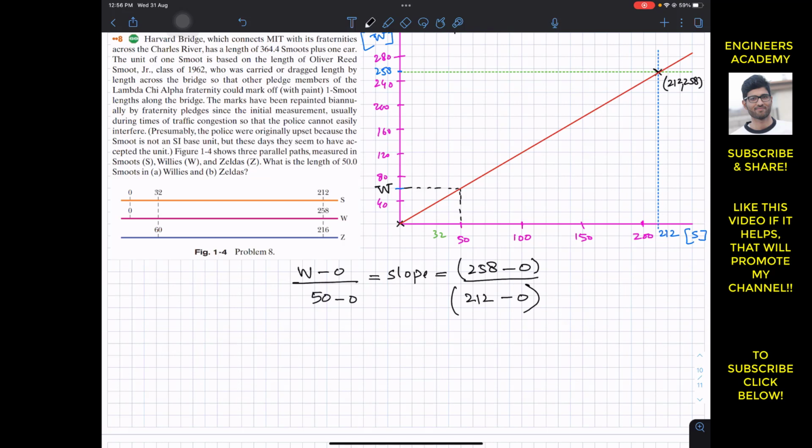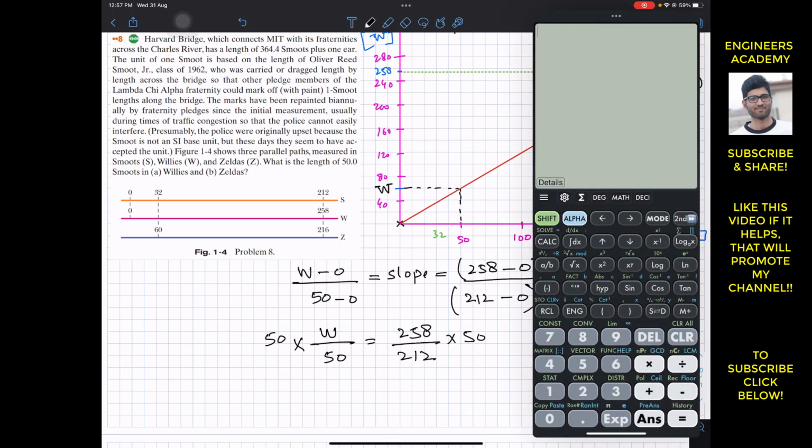Now let's simplify this. W minus 0 is W, divided by 50, and this is equal to 258 minus 0, which is 258, divided by 212. If I multiply both sides of the equation by 50, this will give us the Willies value when Smoots equals 50.